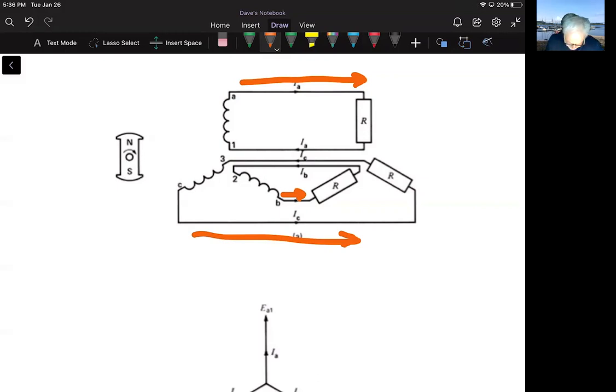So Wilde says, why don't we get efficient here? With these three return paths, here, here, and here, let's combine those return paths in one conductor. Does that make sense?